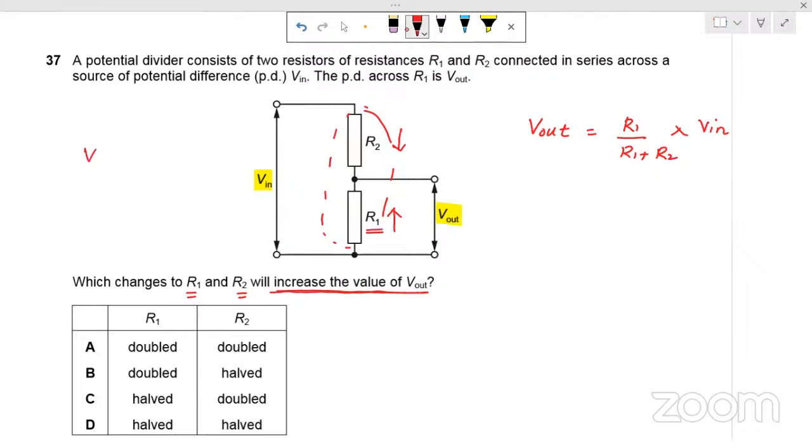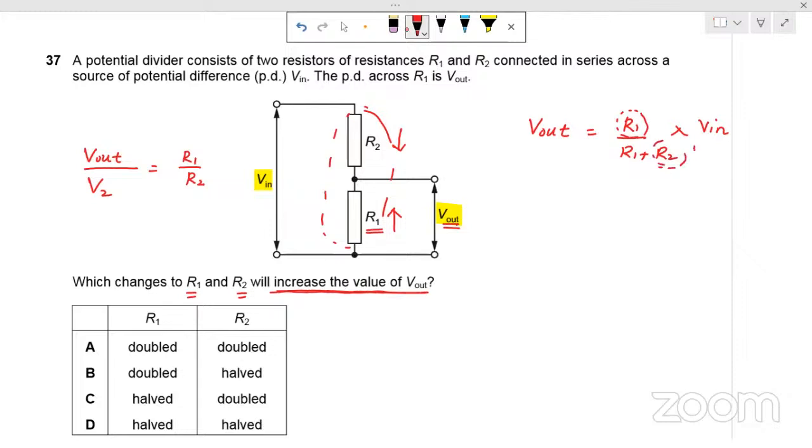So let's say Vout is voltage across R1 and this is voltage across R2. That will be equal to R1 over R2. So if you want to increase this, you have two possibilities. Either you can increase R1 or you can decrease R2.